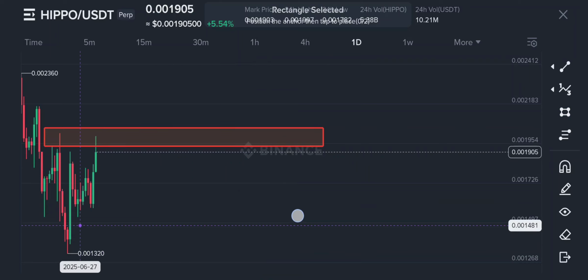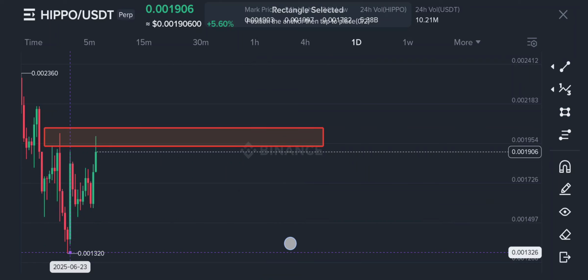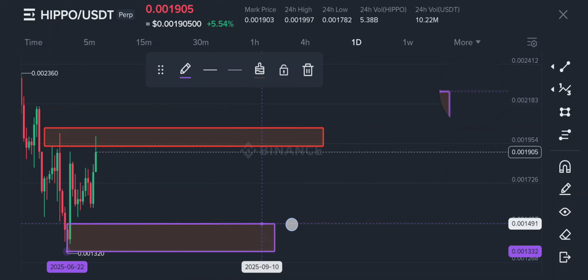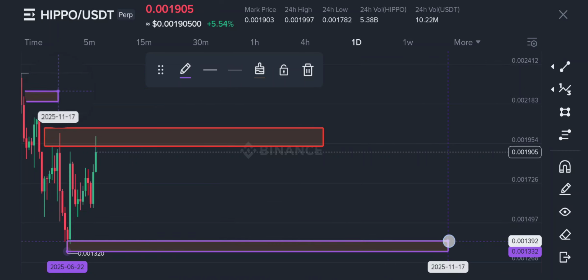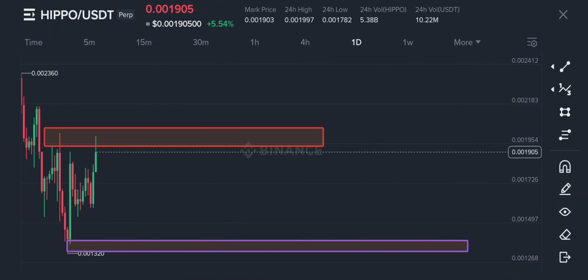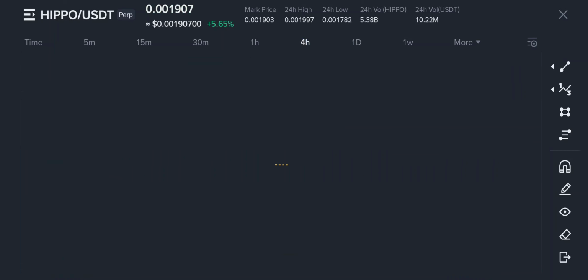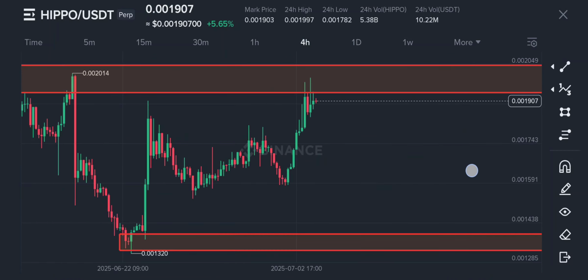So let me draw another one. I will take this one from here. Let me take this. So let me go to 4 hours and find out our support and resistance if we have.